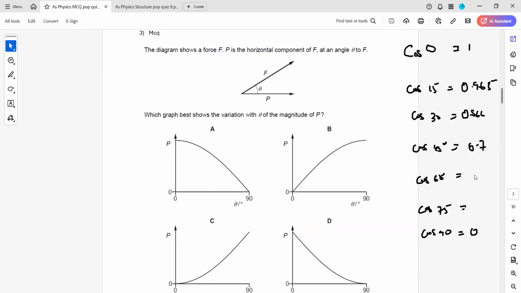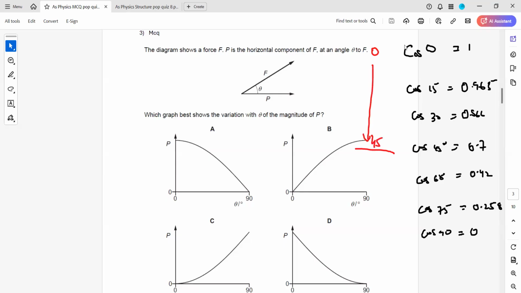What is cosine 60? 0.5. What is cosine 75? 0.258, or 0.26.